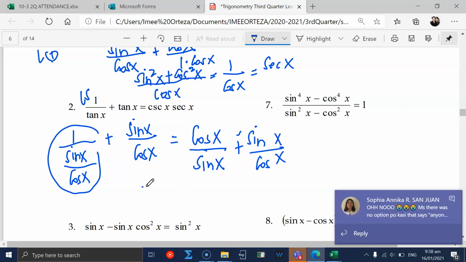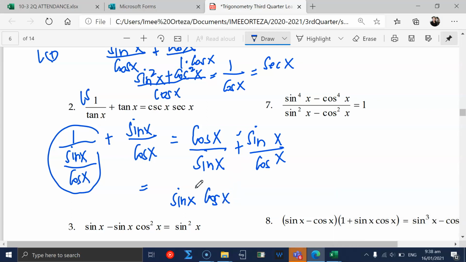Now, we will be finding the LCD again, which is the product of sine x and cosine x. So this is the LCD. And so by the rule on fractions, we change the denominator, so we shall also change the numerator. So the denominator LCD sine x cosine x divided by sine x multiplied by cosine x.